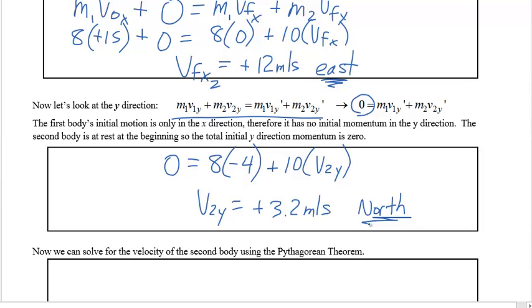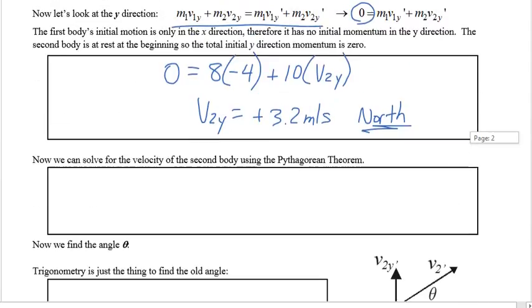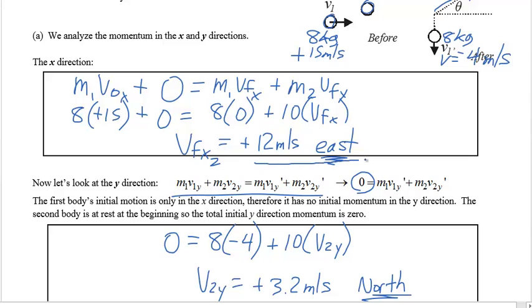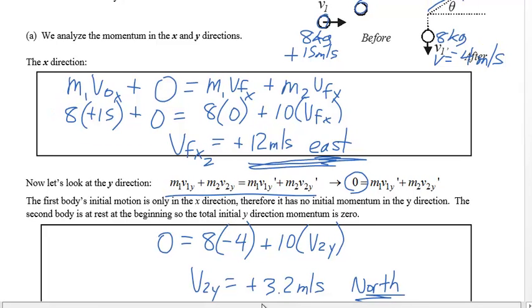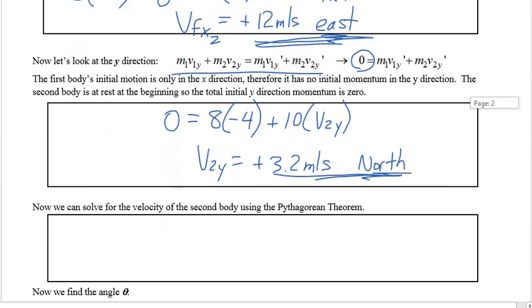So what we know now, right, looking at our values, we know it's moving to the east and it's also moving to the north. So think back to projectiles. If we know the east and the north, right, let's say we start the ball here where it was at rest, we know that it is moving to the east at 12, it's moving to the north at 3.2, therefore this would represent the actual final velocity of that second object.